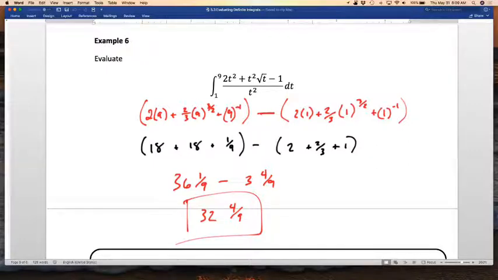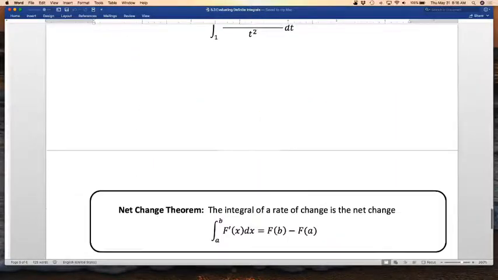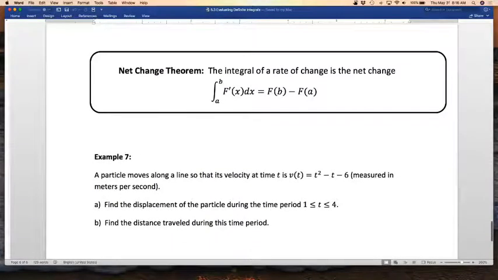So the last thing we're going to look at in this section is the net change theorem, how the integral applies to the rate of change. The integral of a rate of change is the net change. So we have to understand what that means. Net meaning total. What's the total change?